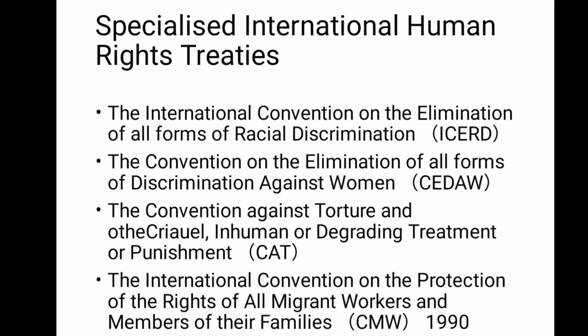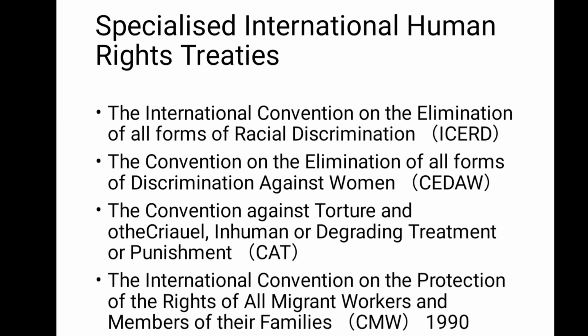Then we also have to prohibit and eliminate racial discrimination and to promote equal treatment in the enjoyment of civil and political rights, as well as economic, social, and cultural rights. Aside from that, we have ensuring to everyone within the jurisdiction effective protection and remedies. We also have to undertake immediate and effective measures in education, culture, and information with a view to combating prejudices which lead to racial discrimination.